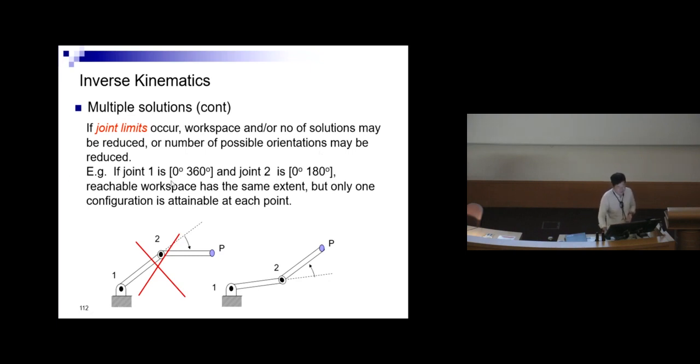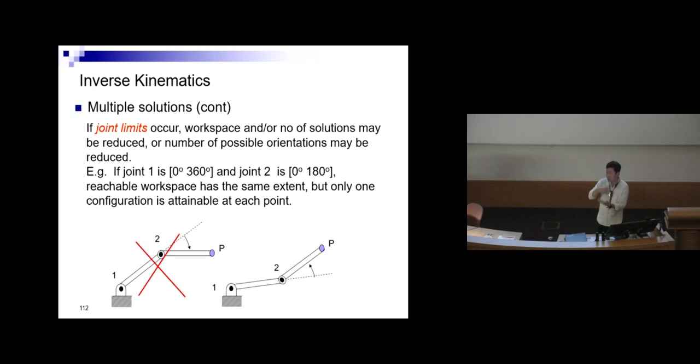For example, if joint one can rotate from 0 degrees to 360 degrees, and joint 2 is only 0 degrees to 180 degrees, they can't rotate freely in this manner, so you may not be able to have this configuration. From 0 degrees to 180 degrees, we imply the directions.